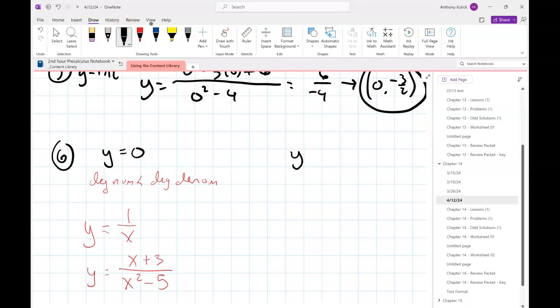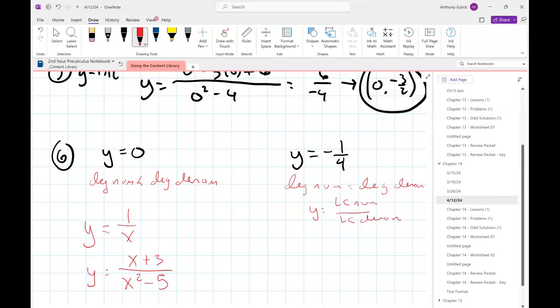What if instead it was y equals negative 1/4? If it's a constant that's non-zero, I know the degree of the numerator has to equal the degree of the denominator. And then it's going to be the leading coefficient of the numerator over the leading coefficient of the denominator.